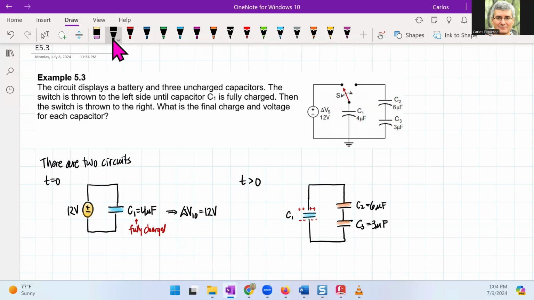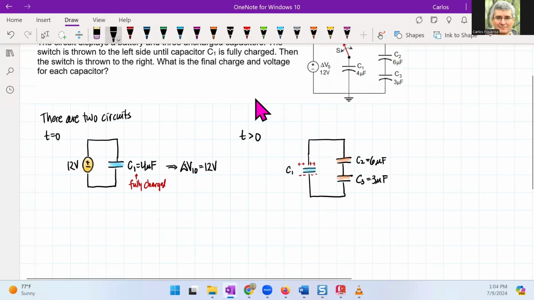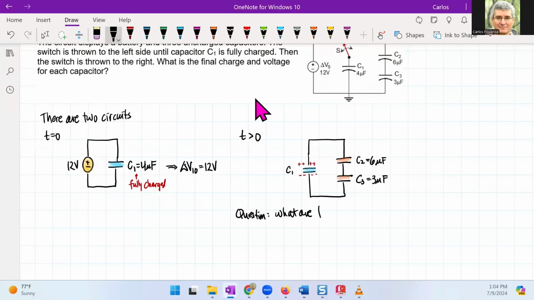So what we want to find out is the final charges. In this state, the question reads like this: what are the charges of C1, C2, C3, and voltages V1, V2, V3?